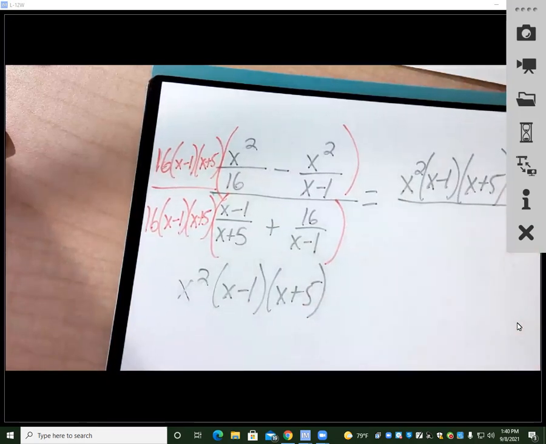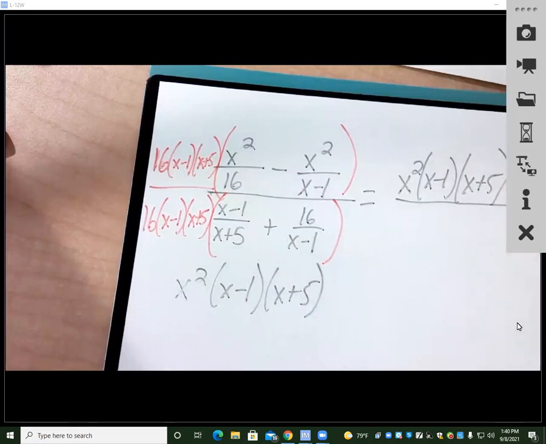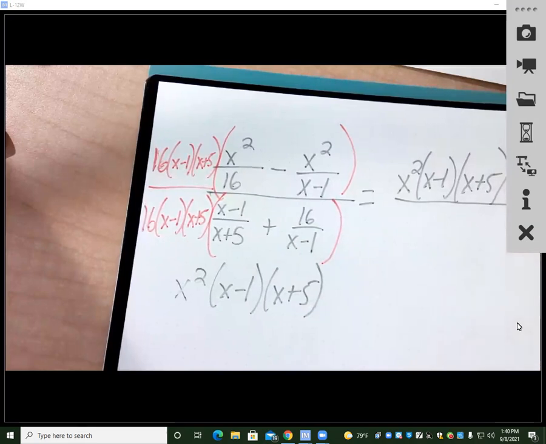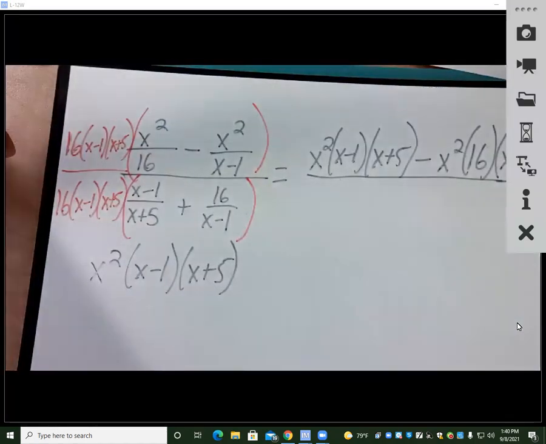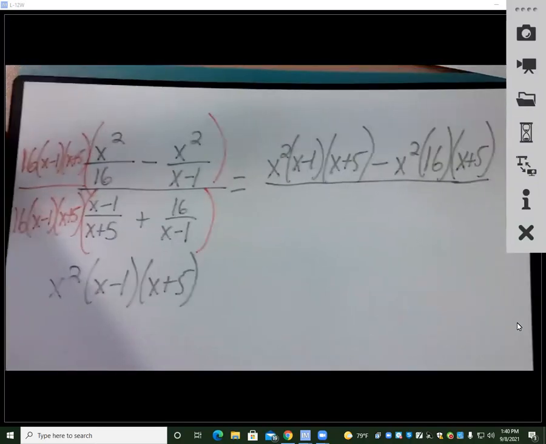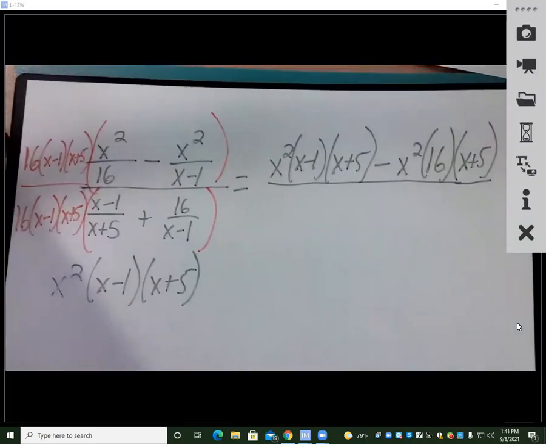So what'll be left is x squared times the 16 times the x plus 5. Don't worry about doing all the multiplication out just yet. Let's just get the fraction cleared first.